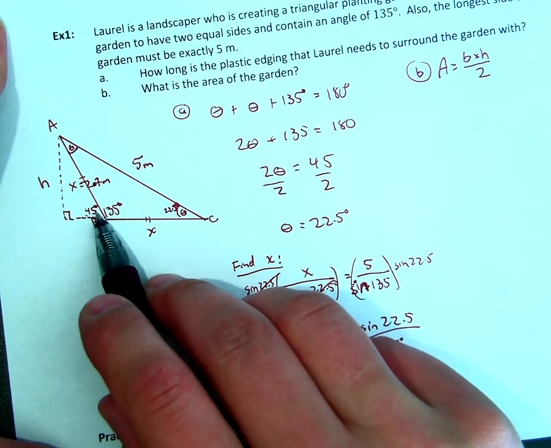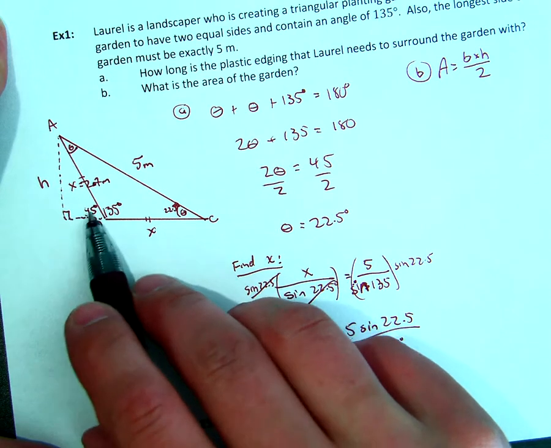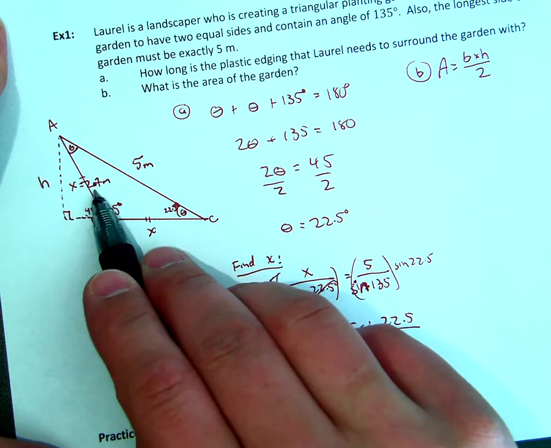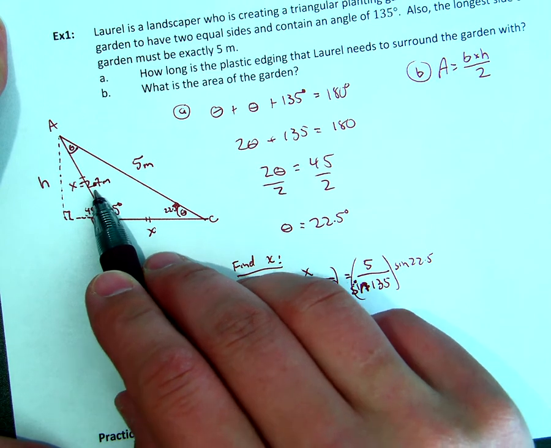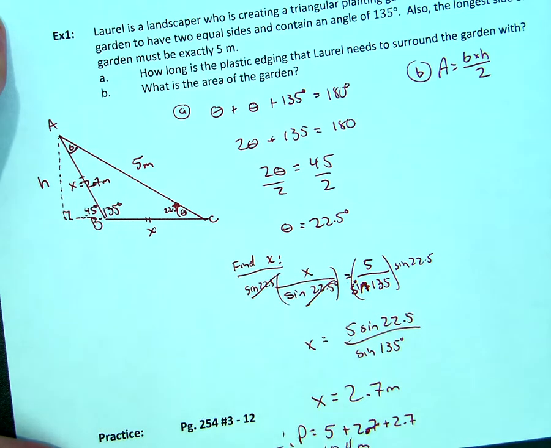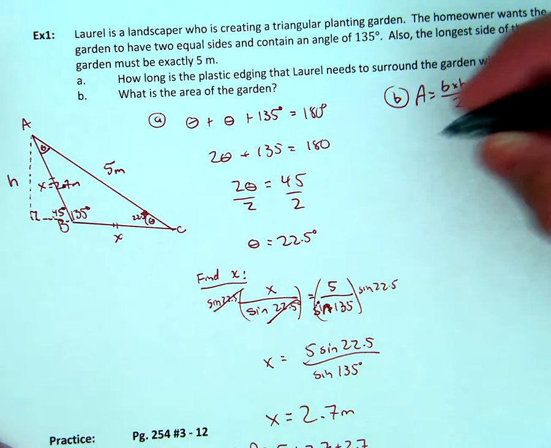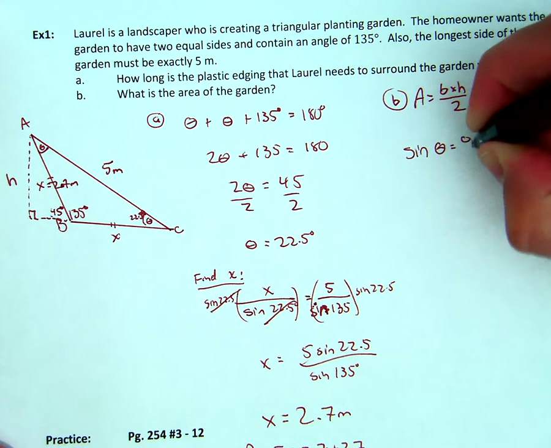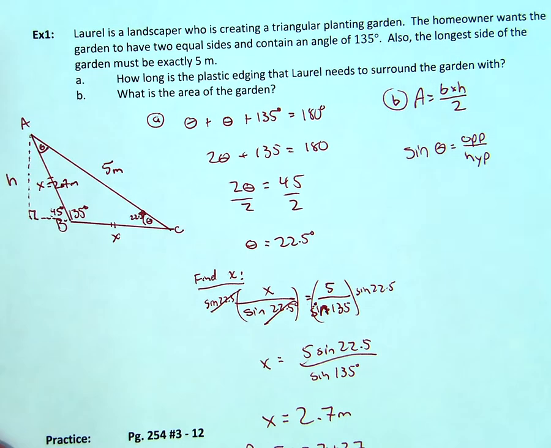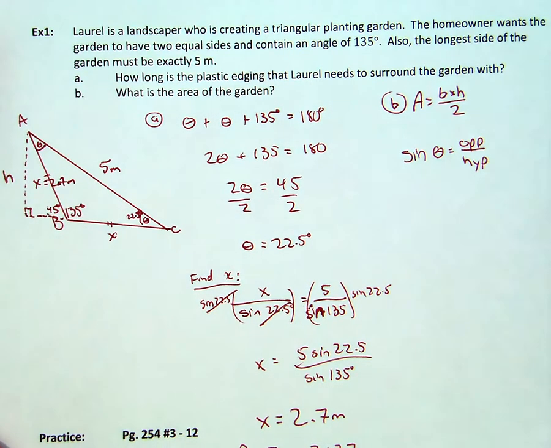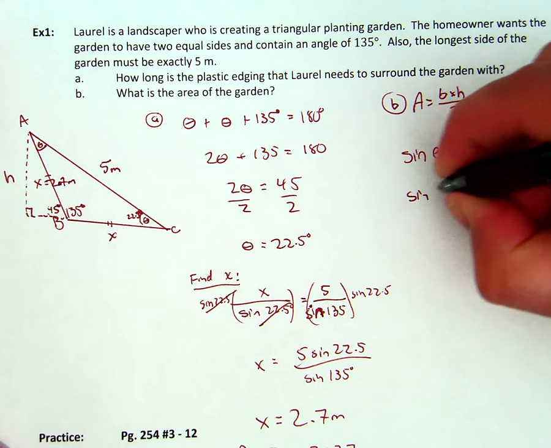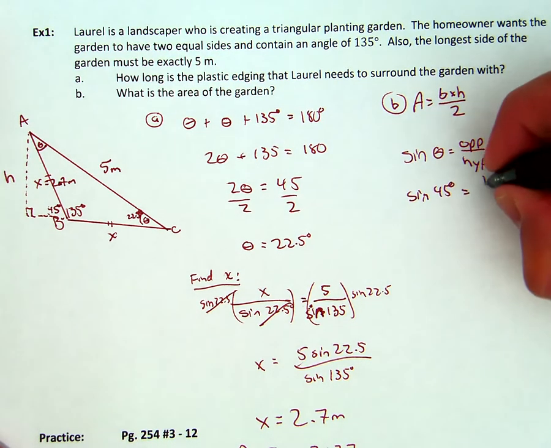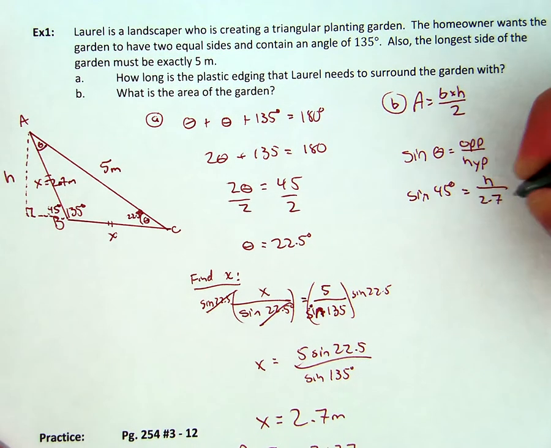So I know that I need the opposite side, and I have the hypotenuse. So SOHCAHTOA, the opposite over the hypotenuse, would be sine. So to find the height, I'm going to use sine. Theta is opposite over hypotenuse. So theta in this case is 45, so sine 45 degrees is equal to the opposite, which was h, over the hypotenuse, which is 2.7.